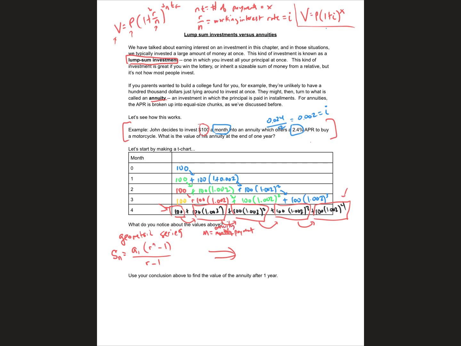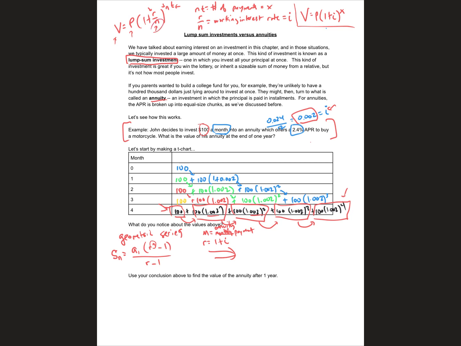Now, the thing I'm multiplying by every time is 1.002. And that 1.002 came from my working interest rate, which was I, adding the 100%, so 1.002. So my R in this case is 1 plus I, 1 plus that working interest rate. The N here, again, is different than the N we had up here.